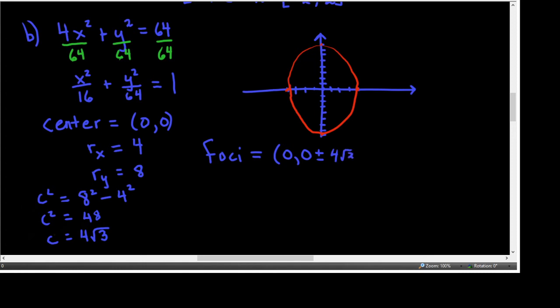So we're going to add and subtract 4 square roots of 3 to move up and down, respectively, from the center, the focal length distance. And so we get 0, comma, plus or minus 4 square roots of 3 as the coordinates of the foci.